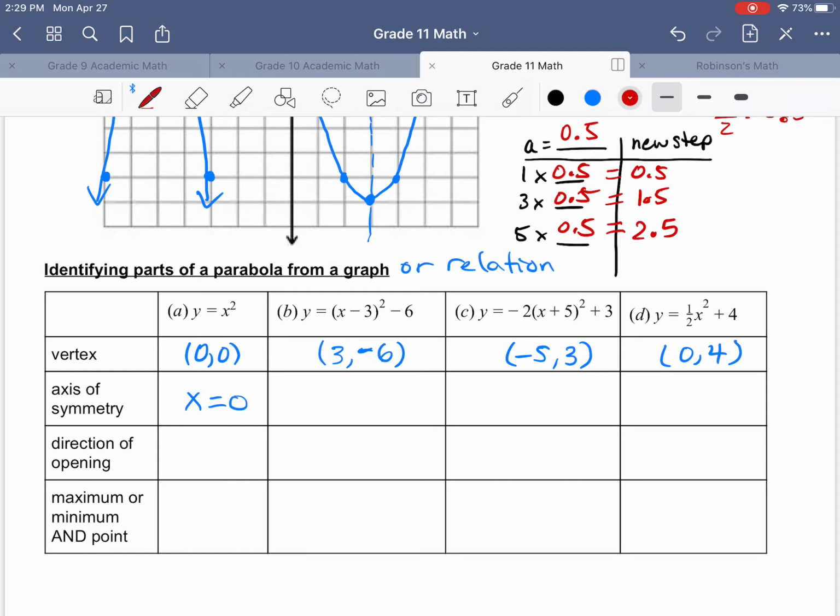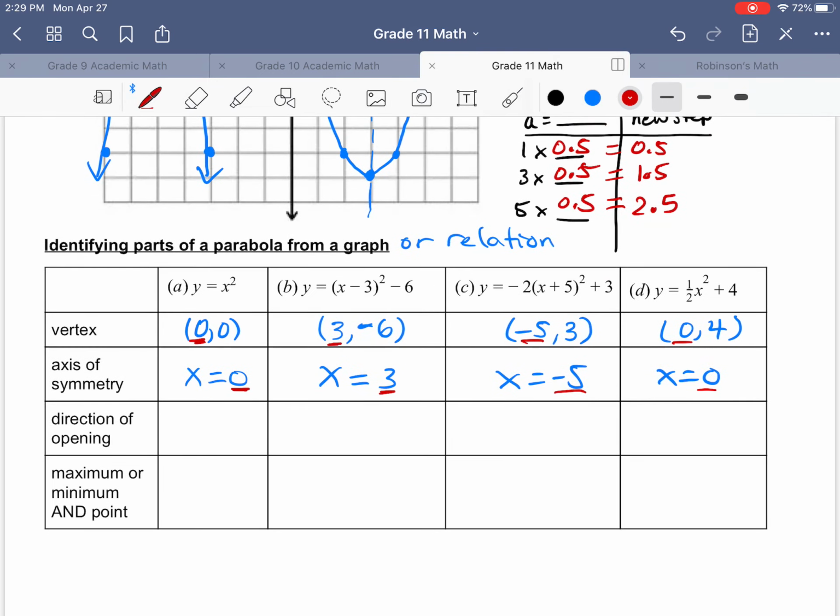And it relates back to this number right here. Those two numbers should match up. So we're going to see that for the axis of symmetry for B, C, and D. Okay, and I'm going to underline those numbers as well so you see where they match up, because we'll be looking at some other matching numbers in a moment.